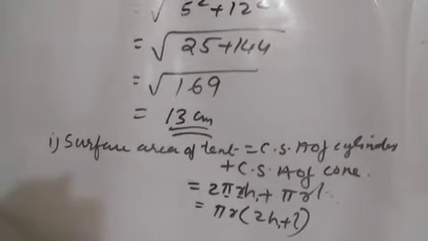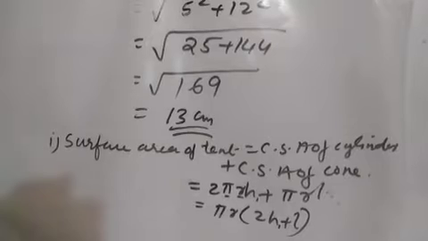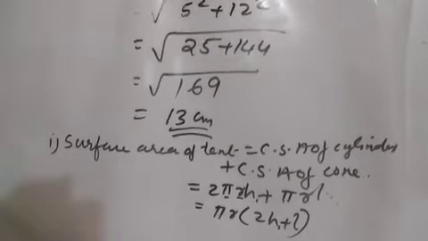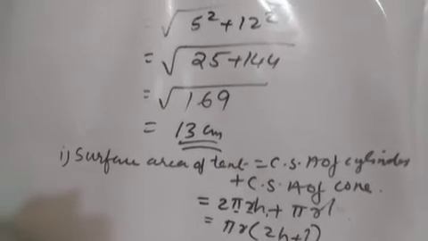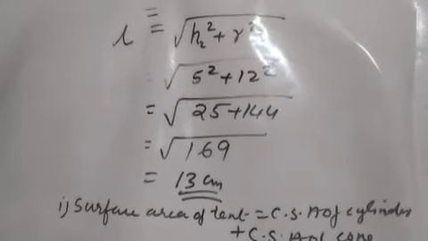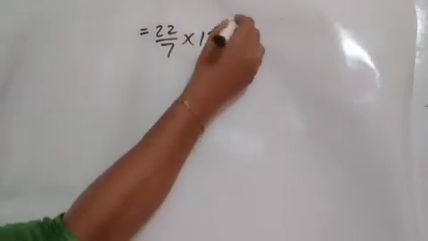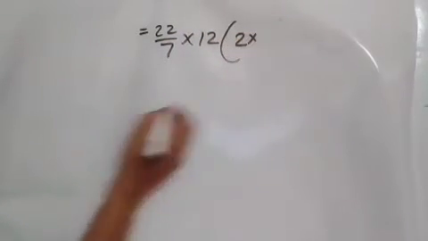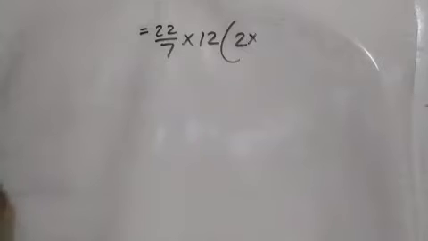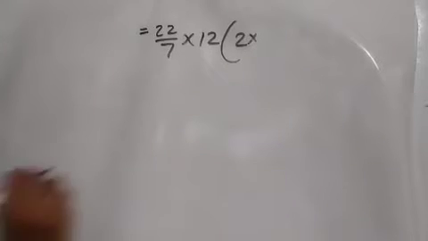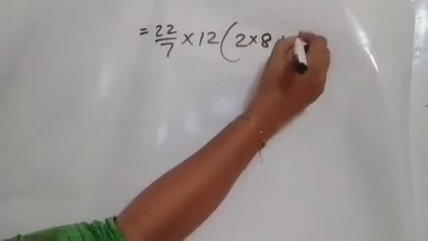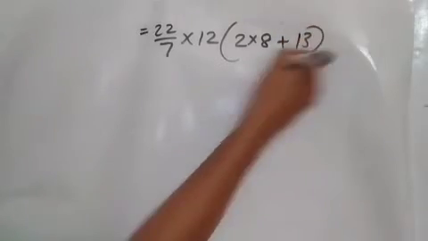Okay, let us replace all these values. Pi R into (2H plus L) to obtain the surface area of the tent. What is the value of pi? 22 by 7. Radius 12. 2H1, the height of the cylinder. What is the height of the cylinder given in the question? Yes, it is 8 meters, plus L, which we calculated as 13.